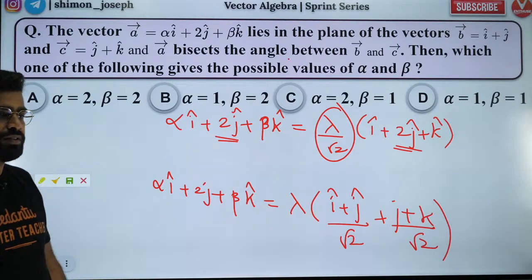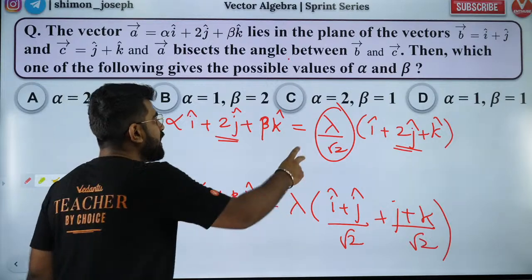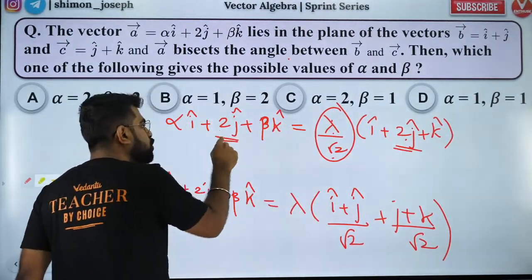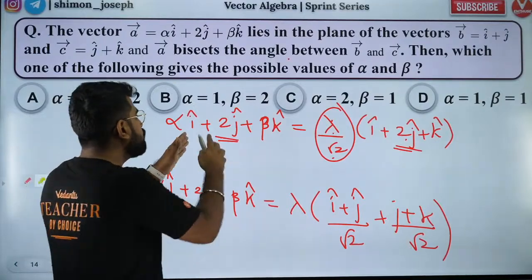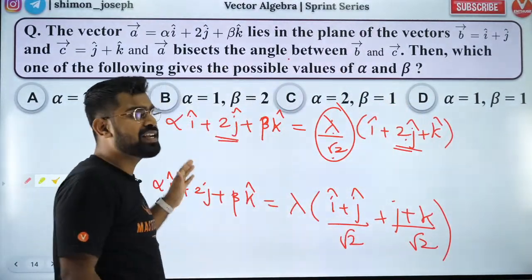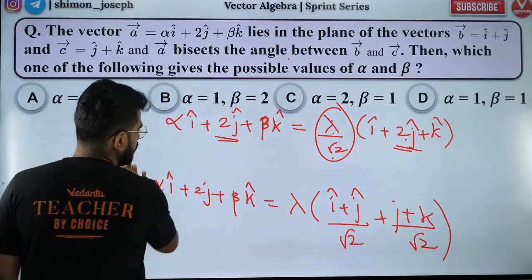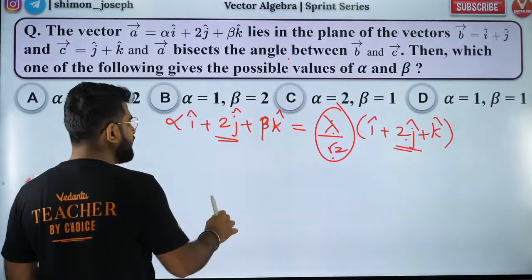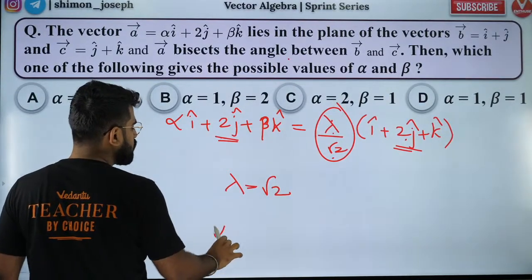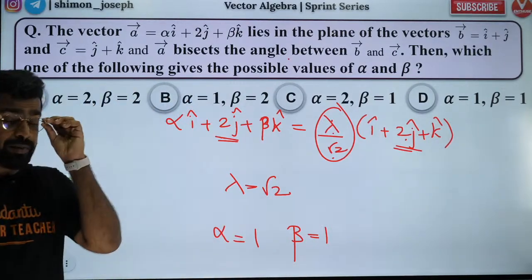Are you all able to understand? Because only if lambda by root 2 is 1, then 1 into 2j will give you 2j. Because if two vectors are equal, I taught you that now, then the corresponding components also should be equal. Got it? Very good. Okay, so alpha will be 1, beta will also be 1. Did you all like it, everybody?